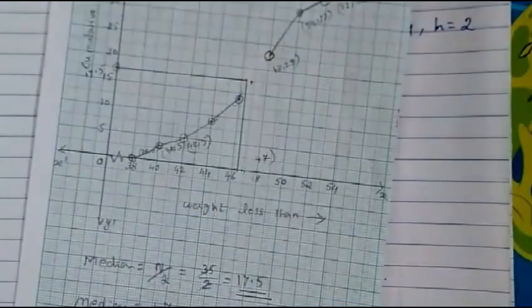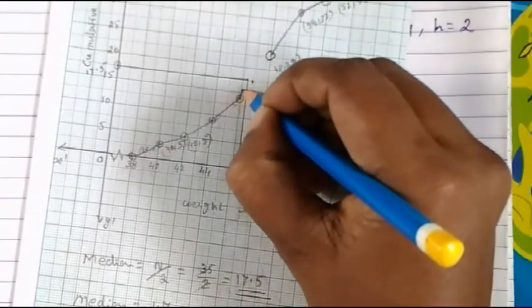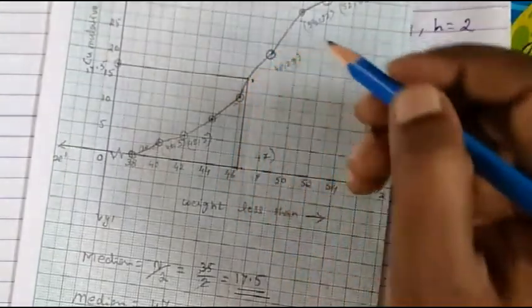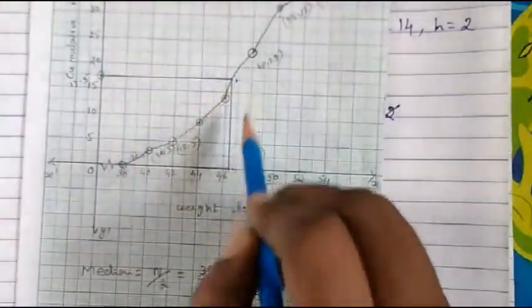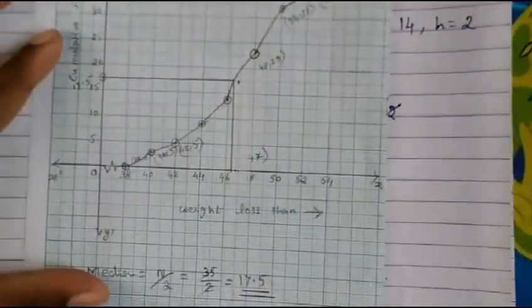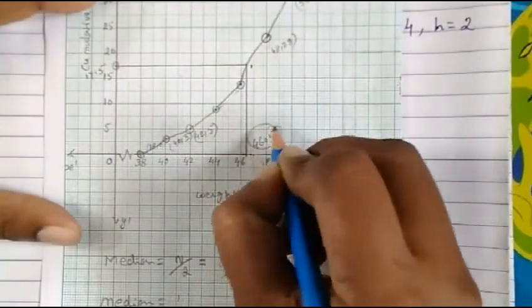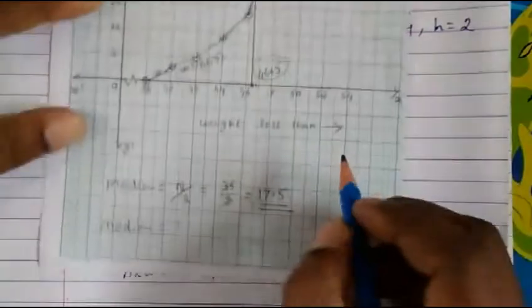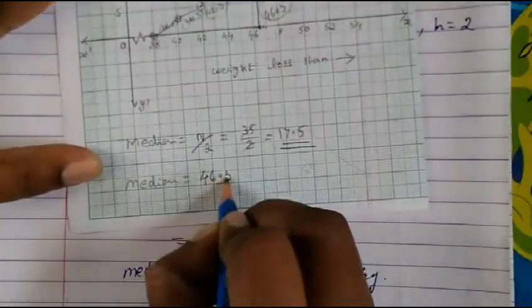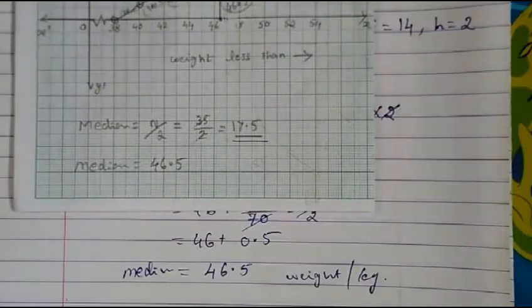Now you can join this curve such a way that it is touching that point. So then we have made the adjustment, then it comes to 46.5 at this point. So you can write 46.5. Like this you have to make the adjustment if it is asked to verify.